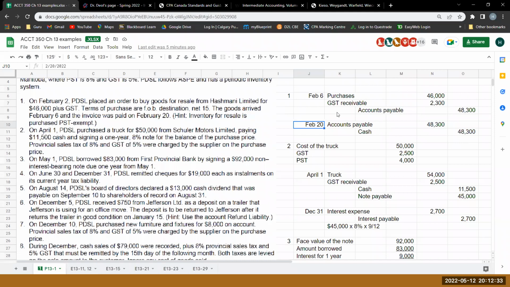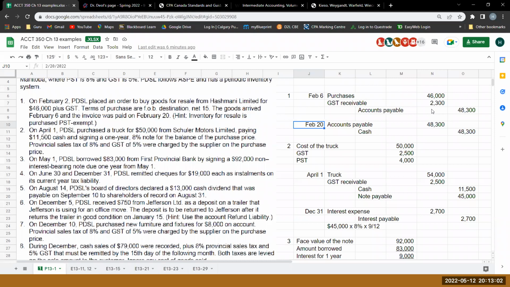The discount itself will need to be calculated based on 46,000, and any portion that relates to the GST will have to be adjusted against the GST. So that is why the person that wrote this question tried to ignore the discount. It just makes it a little more complicated. You'll have to allocate the discount to the GST and so on as well.